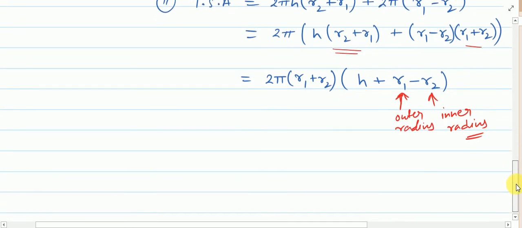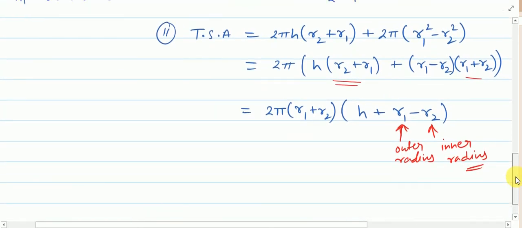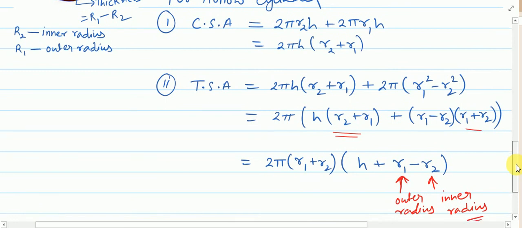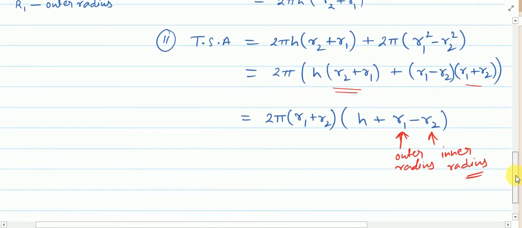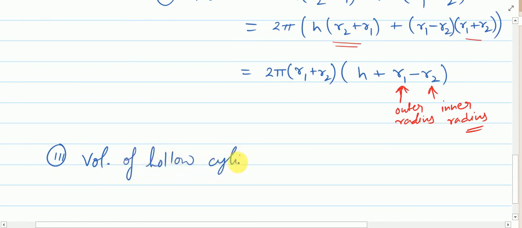Now we have to write down volume. Now what would be the volume for this hollow cylinder? Number 3, volume of hollow cylinder.